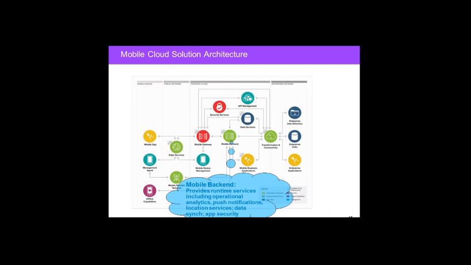Next, this is probably one of the core services when we talk about mobile backend as a service. What are the core application services provided by a mobile backend? The ability to write code, maybe using different sets of programming languages, whether it be Node.js, Java, Ruby on Rails, and the ability to integrate core services for those applications. So for example, many mobile applications are content aware, context aware, and you need location services. Or you need to be able to sync data from an offline storage into a data service.